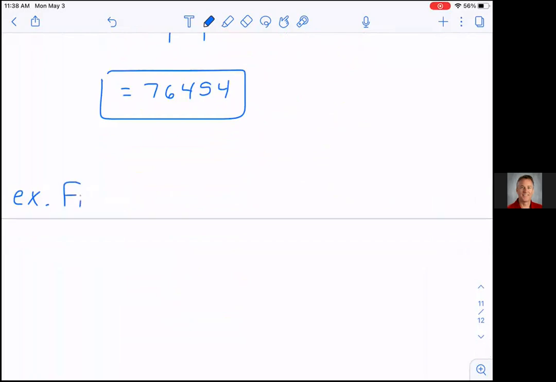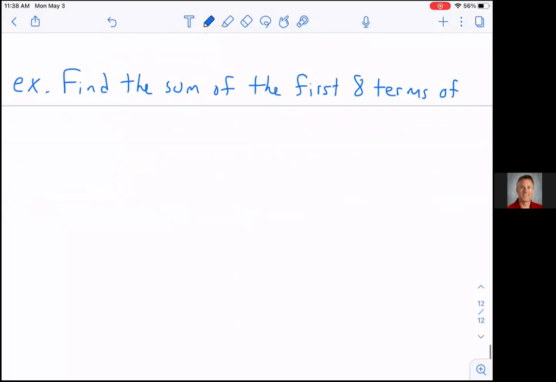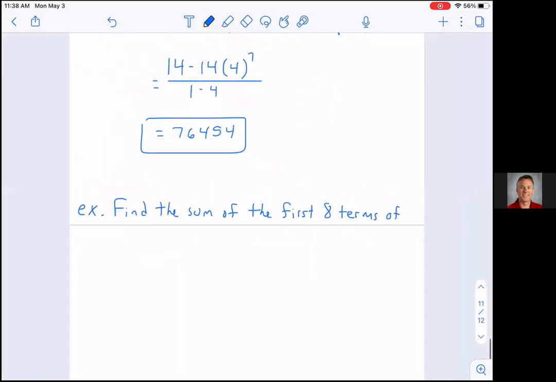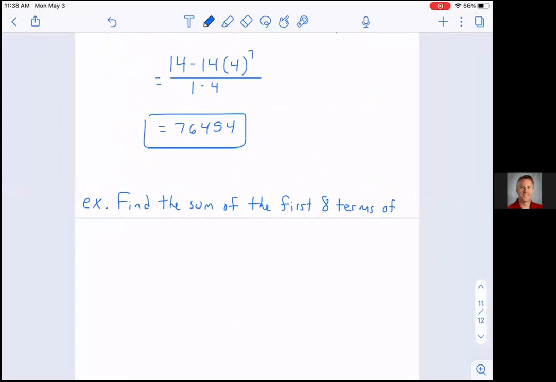All right, let's find the sum of the first 8 terms of this string of numbers. 27, second one's 45, third one is 75, and so on.